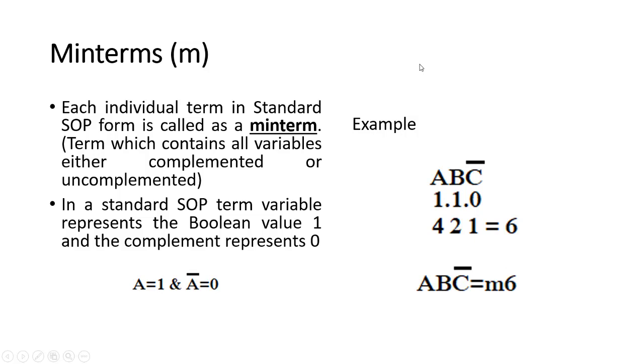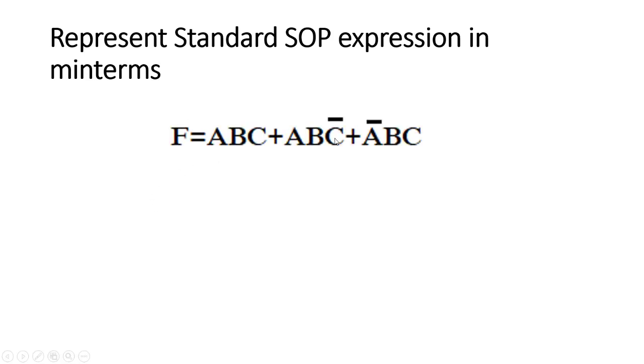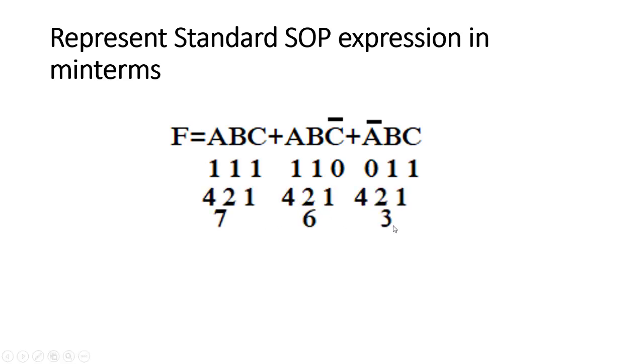So a standard SOP expression can be represented using minterms. If this is the standard SOP expression, first we write all these terms with ones and zeros: for complement 0 and for uncomplemented 1. And then using the place values of this binary number system, we can find the decimal values. So this expression we can write like this.